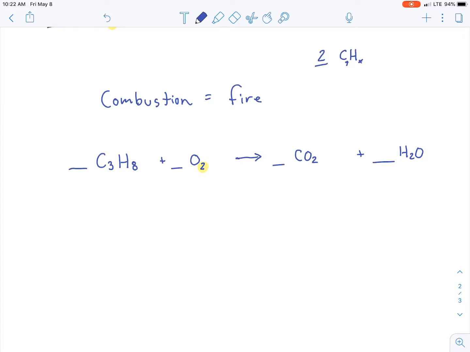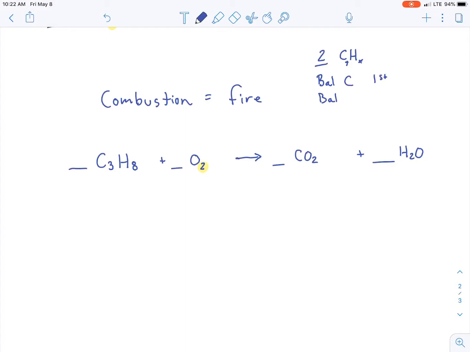Okay, our next step is we're going to balance the C's first. We're going to balance the H's second. And what we're doing, we're staying away from that O2. Let me rewrite this. Balance the C's first.